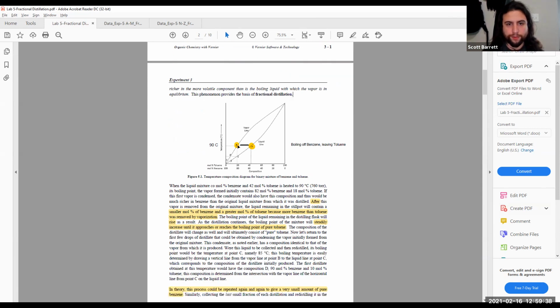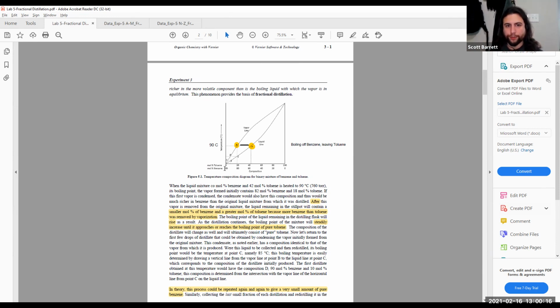So this diagram is to be used, and you would keep going forward if you were to continue to boil, and it would come back down. You boil it again here at point C, going over to point D. Then you would be going back down, and then you would move over here to like the 90% benzene, 10% toluene, and you would continue to go until you would have one whole portion of benzene distilled off over here, and then you would have pure toluene left in your boiling flask, because the toluene wouldn't boil over since it is less volatile.